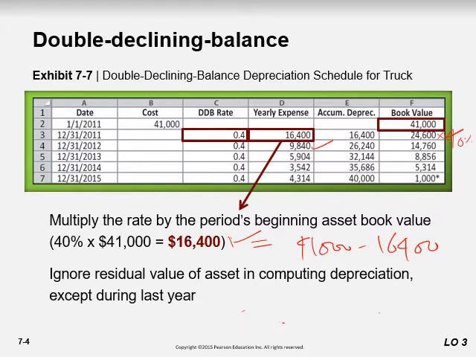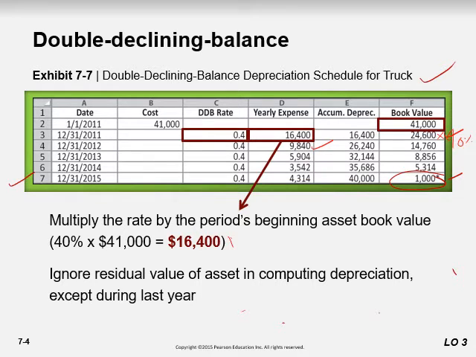Similarly, right? So the important point is the calculation of last year depreciation. So we know that at the end the salvage value will be the book value, right? Because you depreciate, and the book value at the end of its useful life is 1000. So you write down 1000 here.